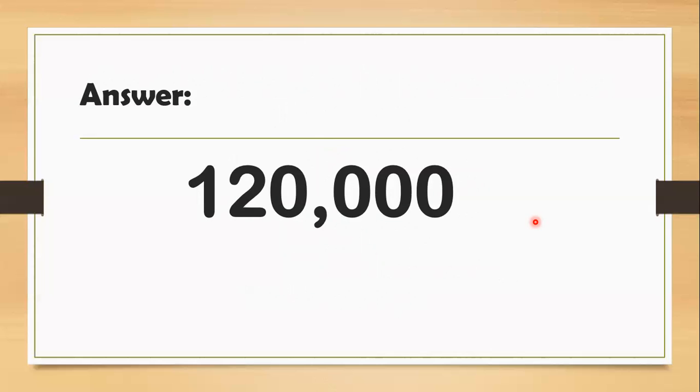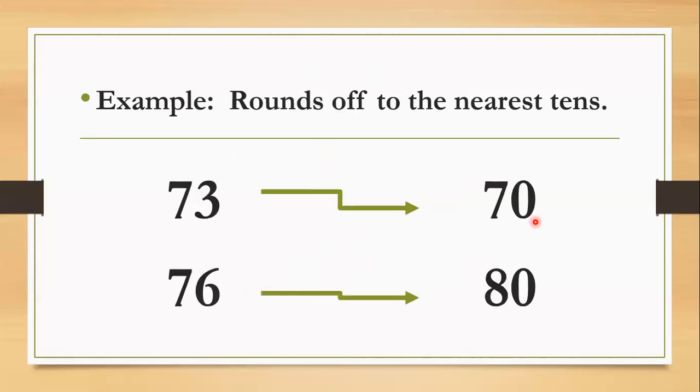Now, let's see this one. Round off 73 to the nearest tens. Now, it's asking to round off the number to the nearest tens. Which number is in the tens place? Right, it's 7. Good job. Now, let's assess the number on the right-hand side, which is 3.